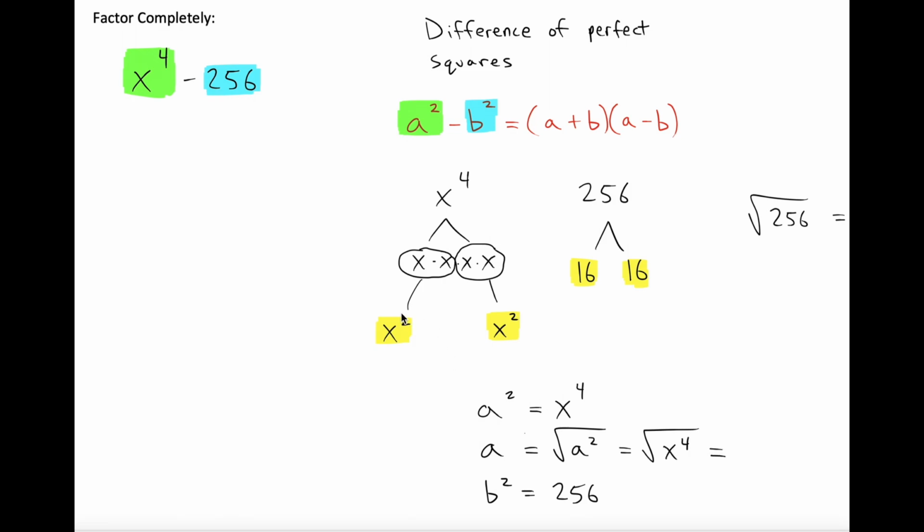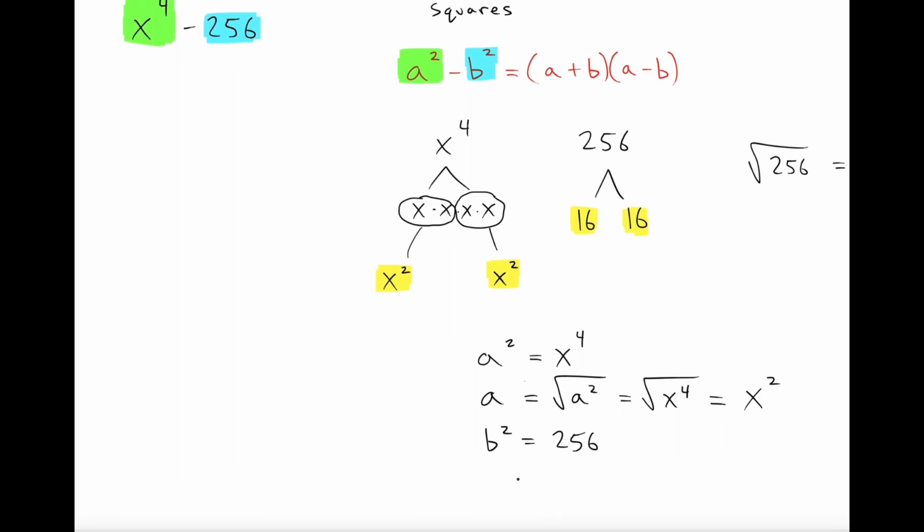I already have the square root of x to the fourth pictured in my tree. It is x squared. So a is x squared. I'll do the same thing for b. I'll take the square root of b squared, which is the square root of 256, and that's 16. So 16 is the b.